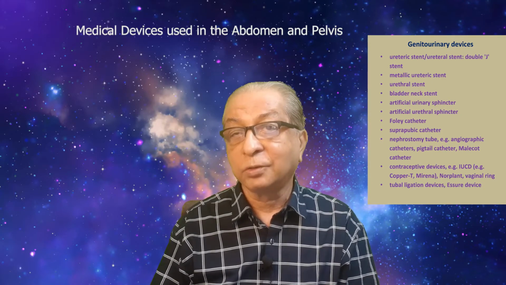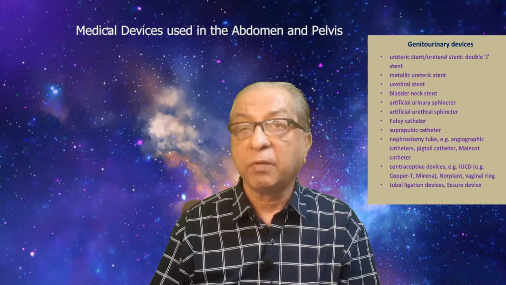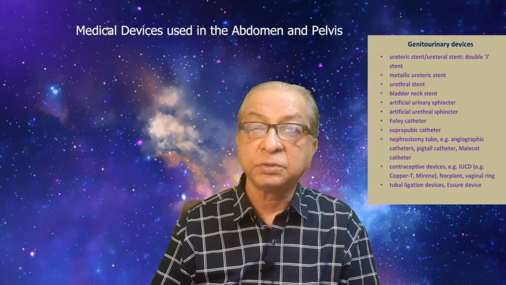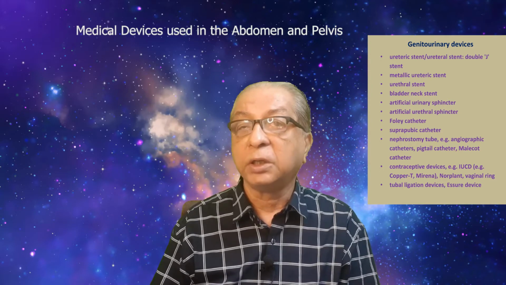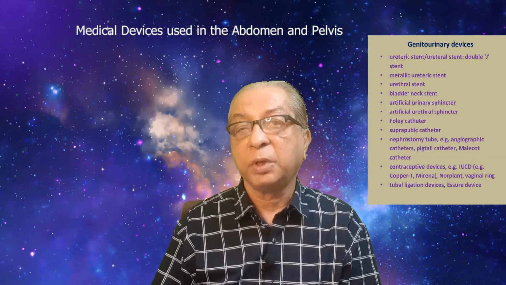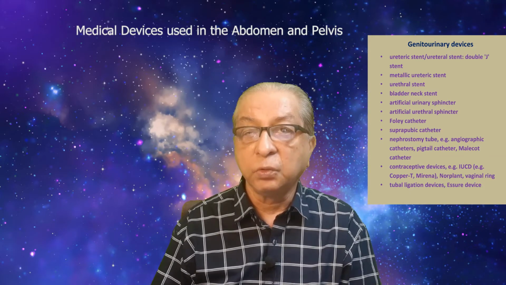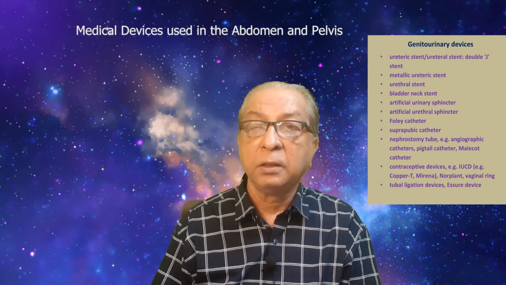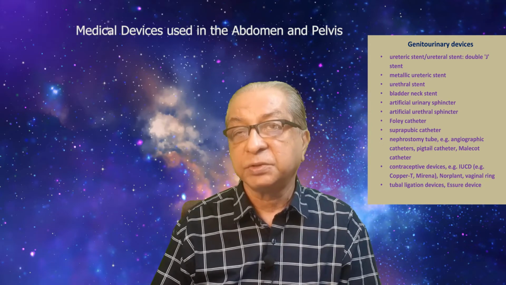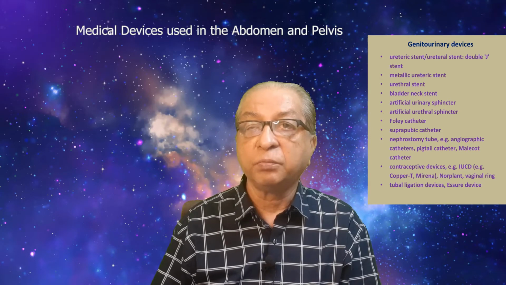Then there is another group of people who use intrauterine devices or sterile things so that they don't get pregnant. For that also there are so many medical devices. So in the urogenital area, we see a lot of devices, and each person will have one problem.